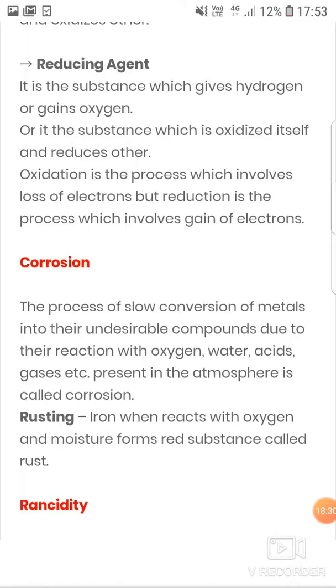Hydrogen is given out or oxygen is taken in, or it is the substance which is oxidized itself and reduces others. So oxidation is the process which involves loss of electrons, but reduction is the process which involves gain of electrons.